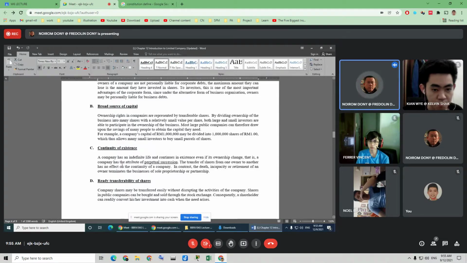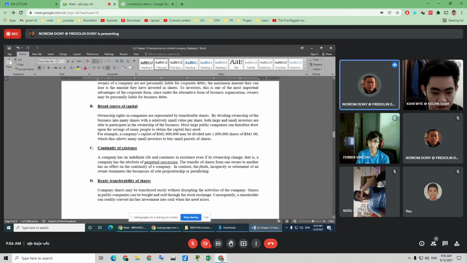Okay, that's what we call the attribute of perpetual succession. Perpetual is continuous. The transfer of share from one owner to another has no effect on the continuity of the company. In contrast, the death, incapacity, or retirement of an owner terminates the business of a sole proprietorship or partnership.